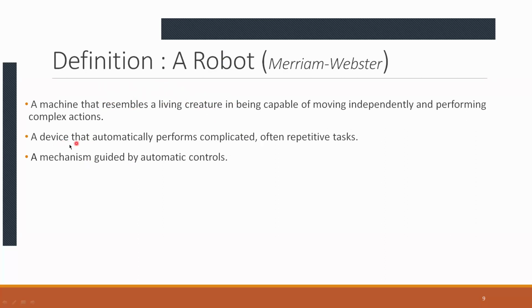And then there's another definition: a device that automatically performs complicated and repetitive tasks. So if a machine performs something over and over again without supervision from a human, then we call that a robot. And the second definition is what fits most industrial robots that we see in manufacturing, right?